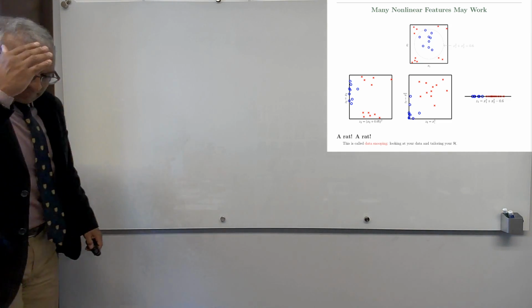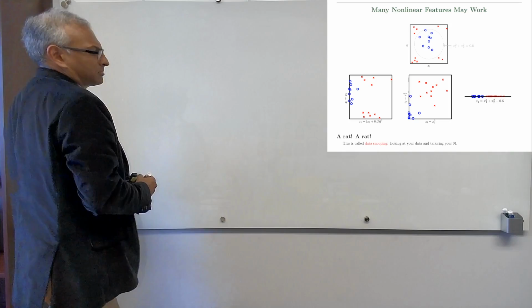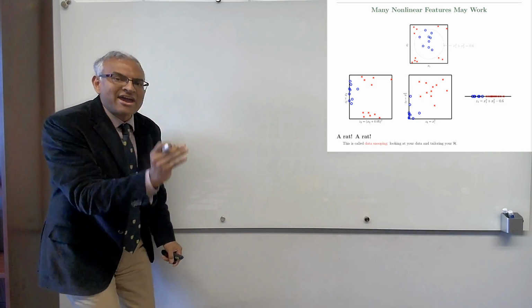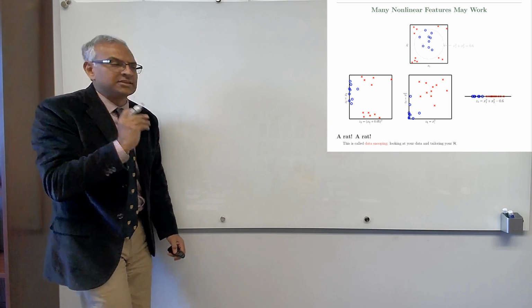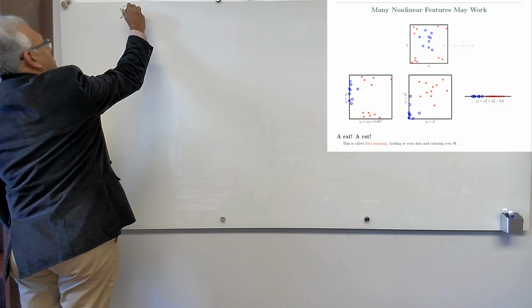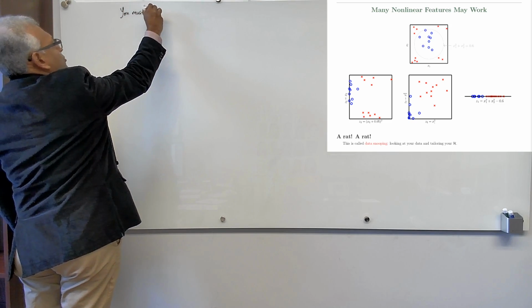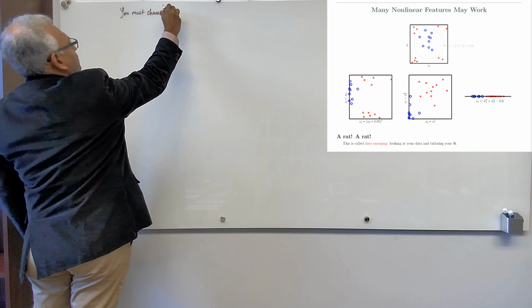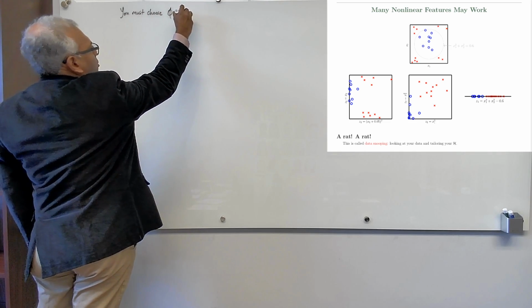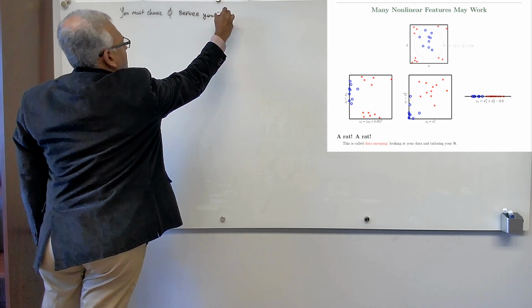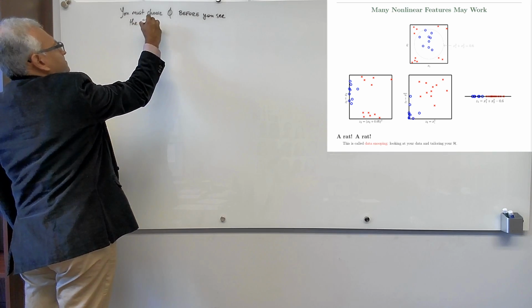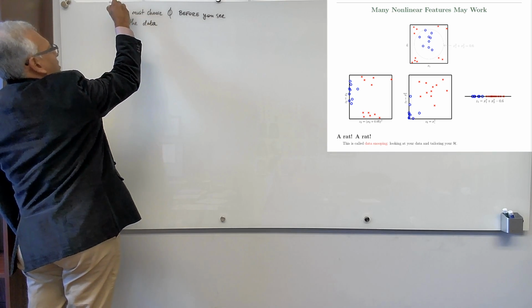You have to choose the nonlinear feature transform phi before you see the data. That's very important.